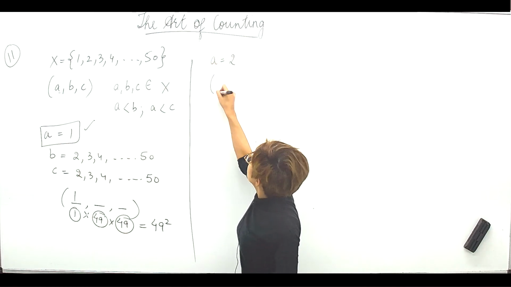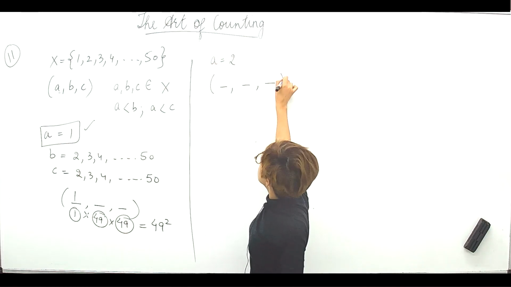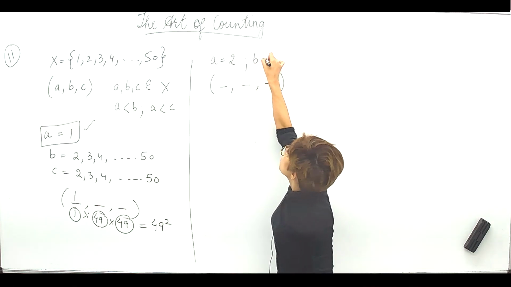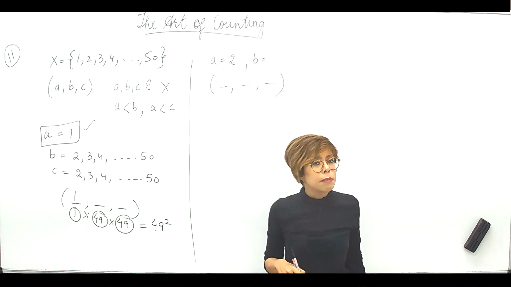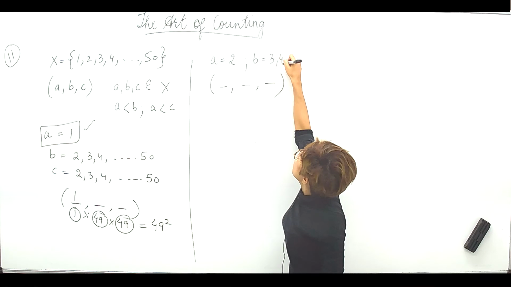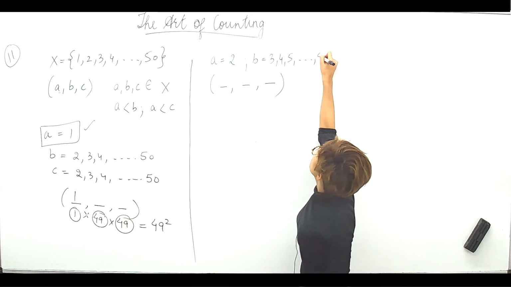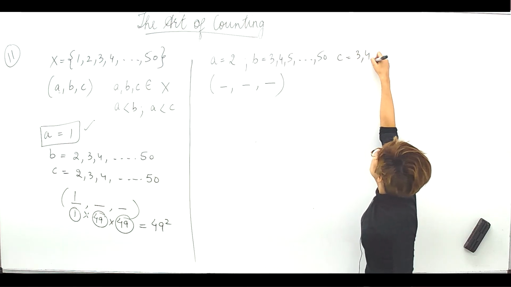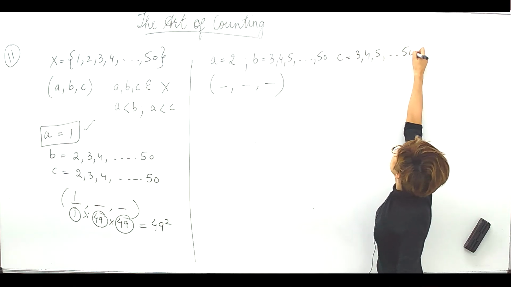Now, let's put A as 2. Again, I need to fill up the places. When A is 2, can you tell me the possible values of B? Can B be 2? No, it can't be 2. It can be 3, 4, 5, so on till 50. Similarly, C can be 3, 4, 5, so on till 50.